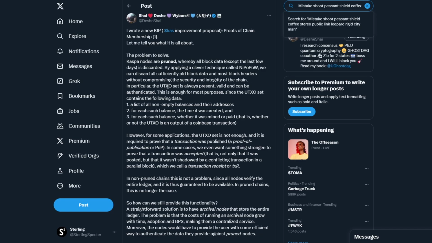In particular, the UTXO set is always present, valid, and can be authenticated. This is enough for most purposes since the UTXO set contains the following data: a list of non-empty balances and their addresses, for each such balance, the time it was created, and for each such balance, whether it was mined or paid. This is whether or not the UTXO is an output of a Coinbase transaction, so obviously if it's mined or paid.